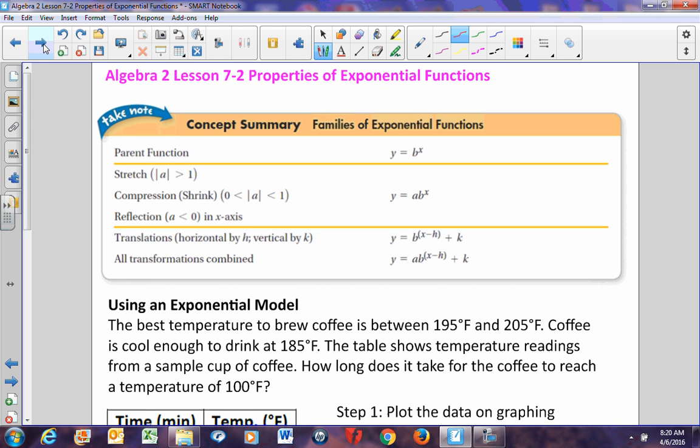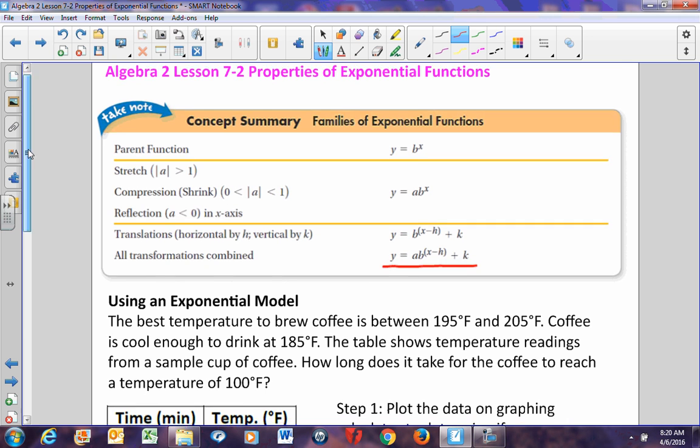So if the absolute value of a is greater than 1, like the last one was 5, it's going to stretch your graph. It'll shrink your graph if the absolute value of a is between 0 and 1, a fraction or a decimal, like 0.5. It will reflect it across the x-axis if a is less than 0. And it translates it horizontally by h and vertically by k. So all the transformations combined give us this equation, y equals a times b to the x minus h power plus k.